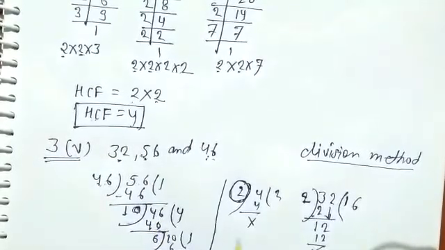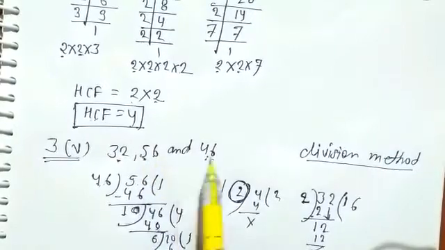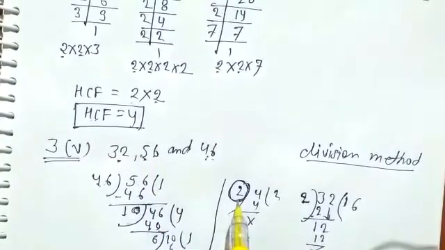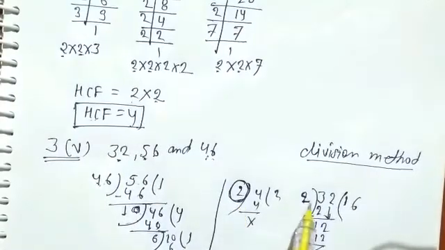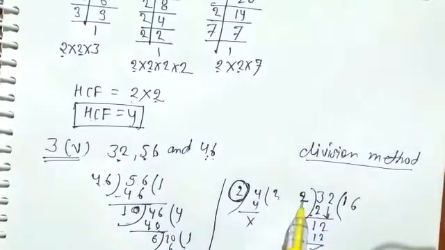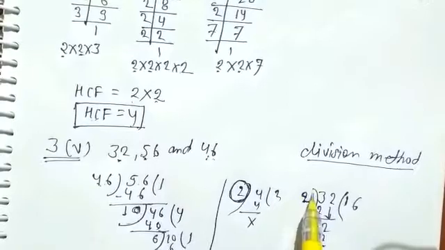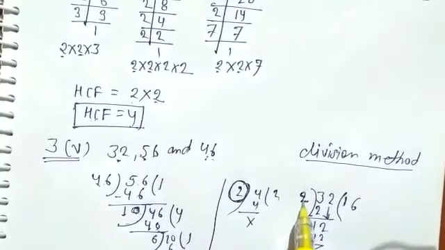Follow the proper method, and at last we find the HCF of these two numbers. Then verify this HCF with the third number which is left. We have verified this: 32 is completely divided by 2. It means we can conclude that the last divisor is the HCF of all these three numbers.